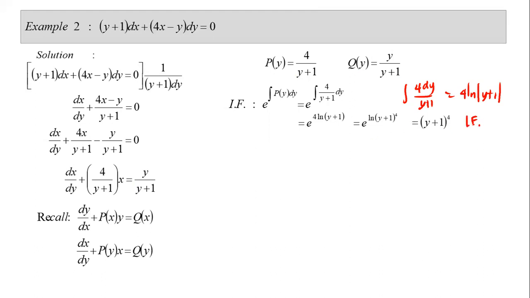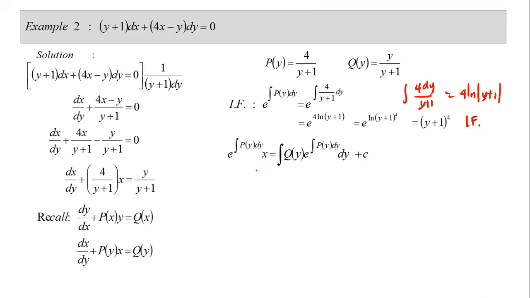Okay? And then we use the general solution of this linear differential equation of the form e raised to the integral of p of y dy times x equals the integral of q of y times e raised to the integral of p of y dy times dy, and then plus c.